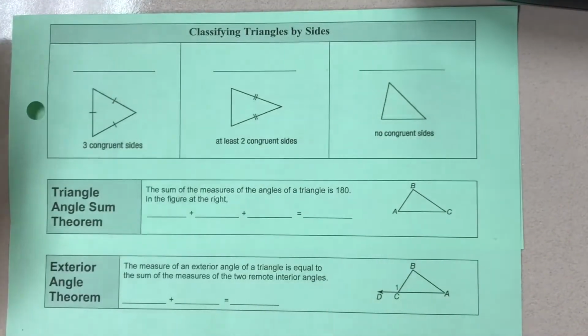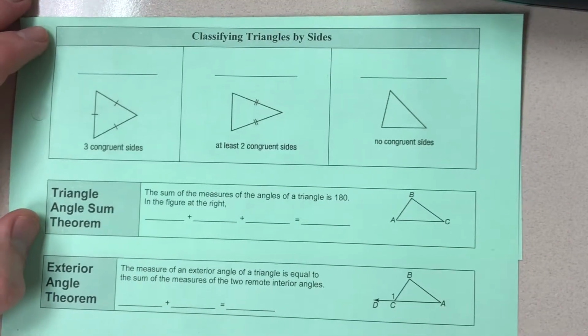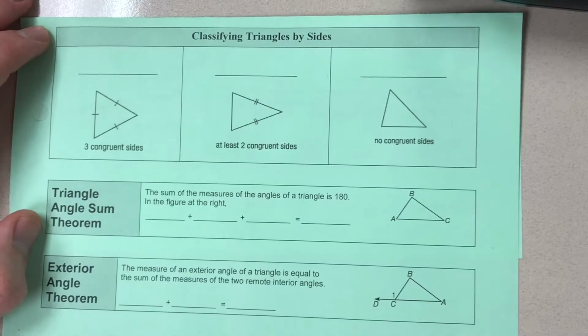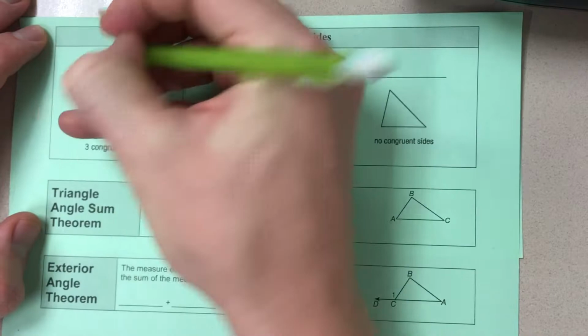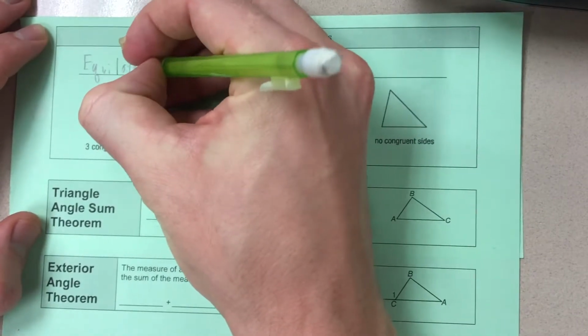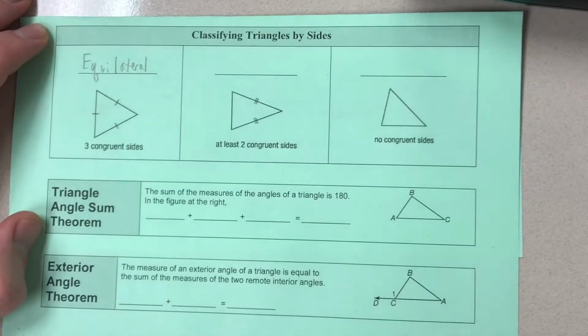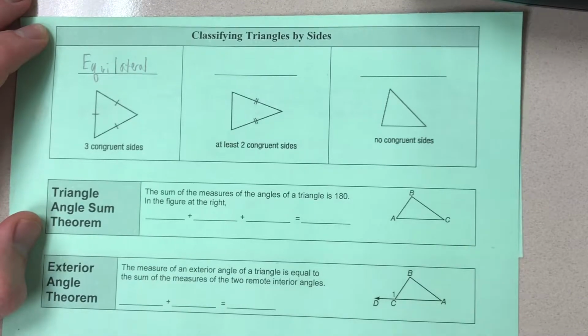Now we'll talk about classifying triangles by sides. If it has 3 congruent sides, we call a triangle equilateral. That's again saying all of the sides are equal or congruent.